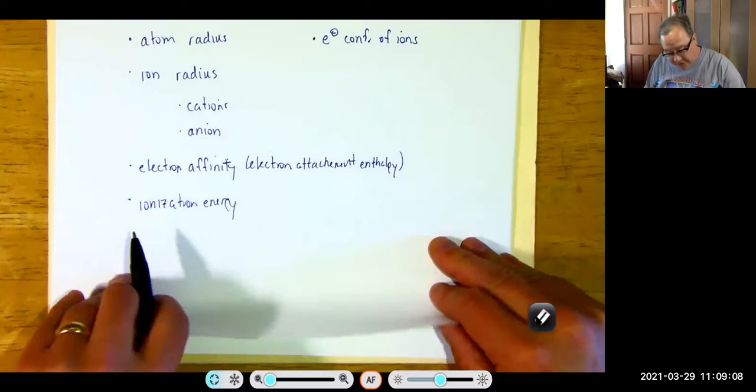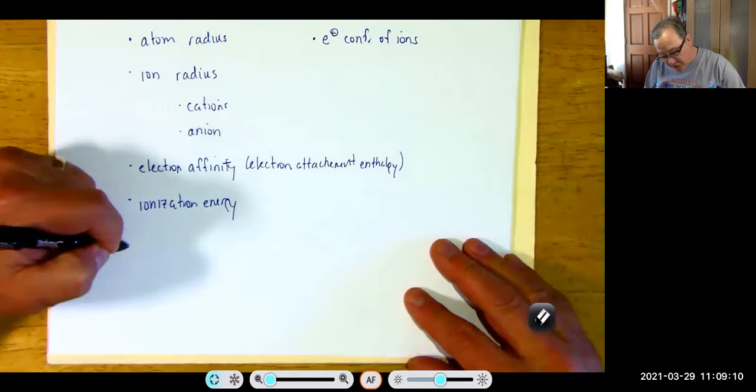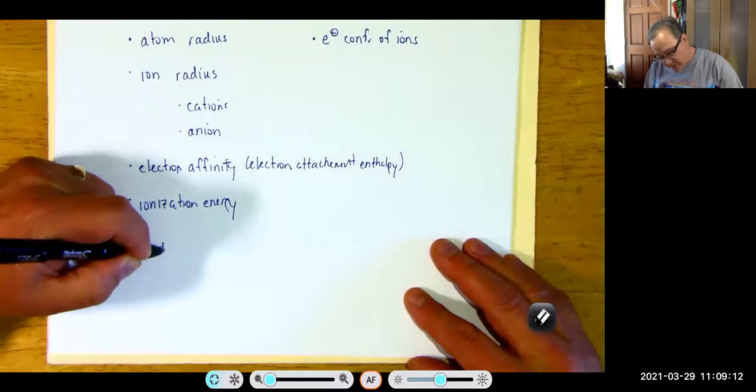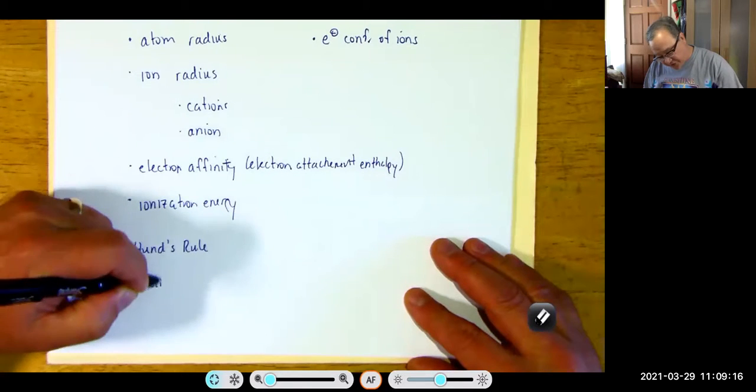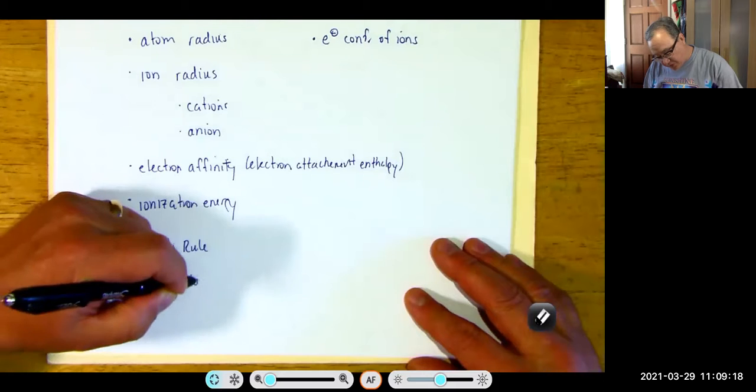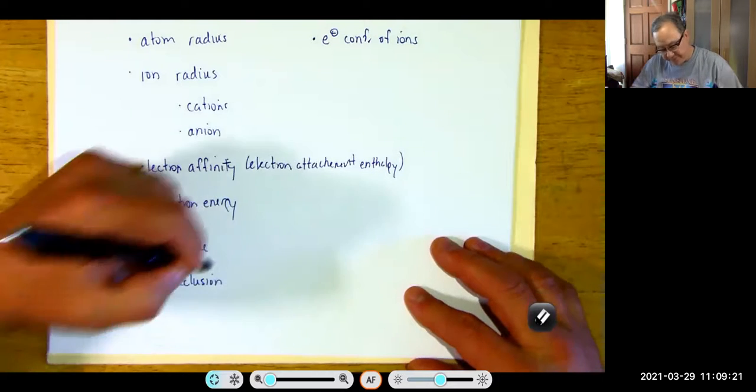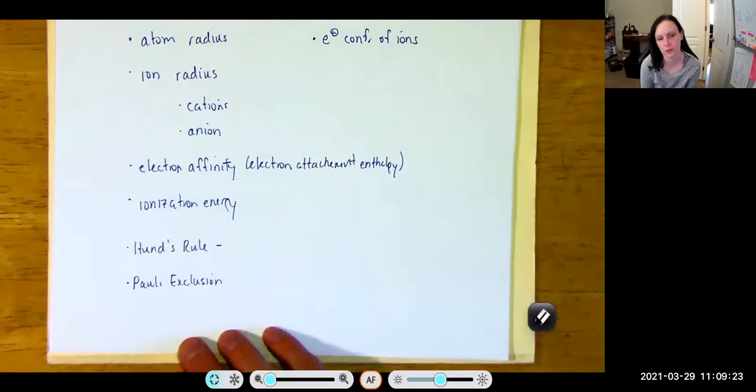We also did not discuss, but you mentioned Hund's rule and the Pauli exclusion principle is what I mentioned. Do you remember what Hund's rule is? Where you assign electrons one at a time per orbital per shell.